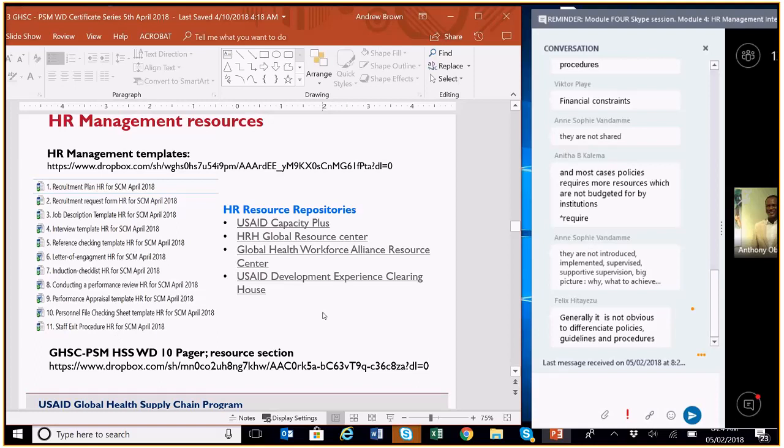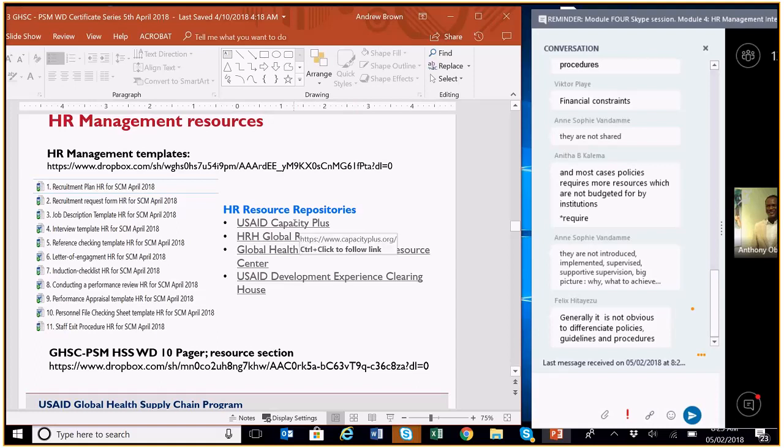Also, let's not forget that human resources is an issue in every aspect of development. So whether it's health, agriculture, schooling, human resources planning and management is cross-cutting, not just in supply chain. And these particular links here are online resource repositories with a whole bunch of extra resources around human resources management and development.